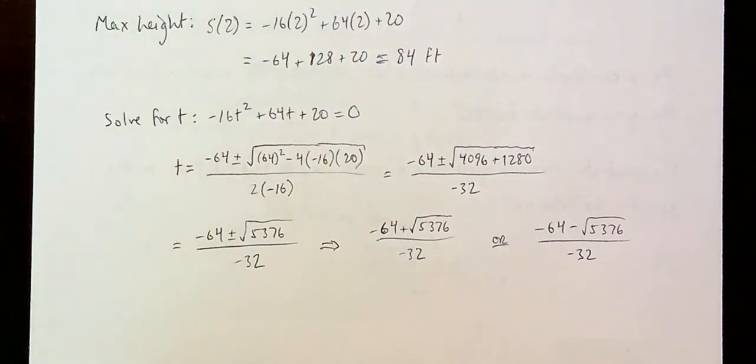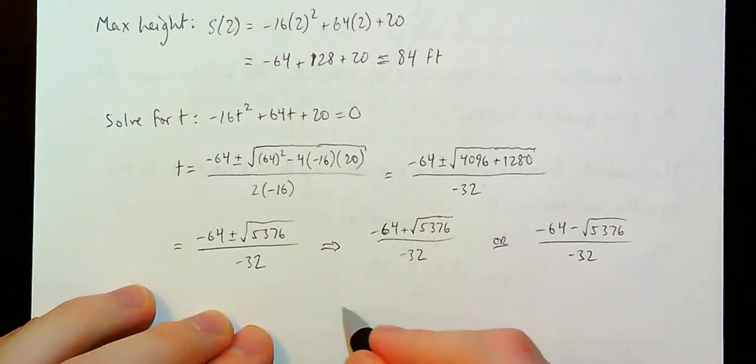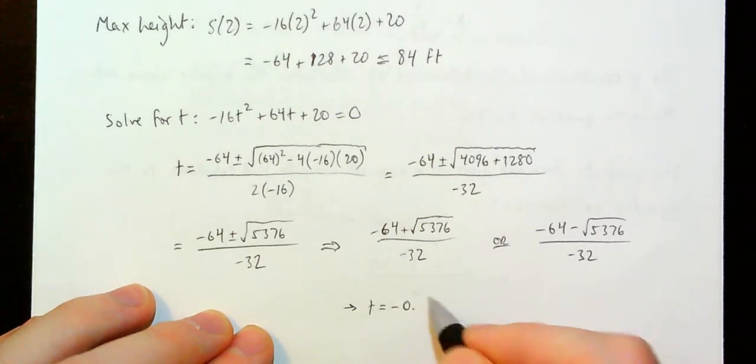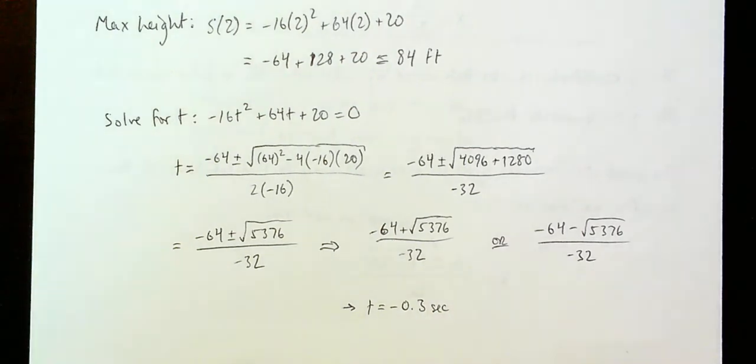So I'll let you go into your calculators. If you do the square root of 5,376, you'll get some number. Subtract 64 from that, you'll get some new number. And now take that number and divide it by negative 32, and you find that t is equal to negative 0.3. Time here was in seconds, and we said round to 1 decimal place.